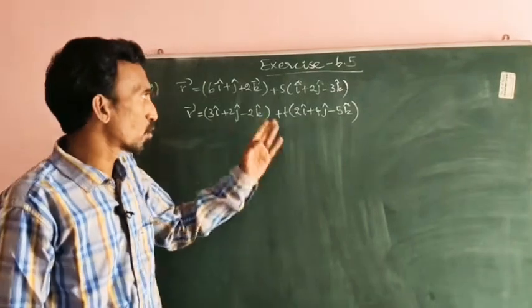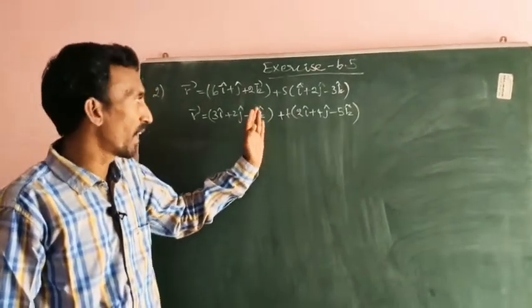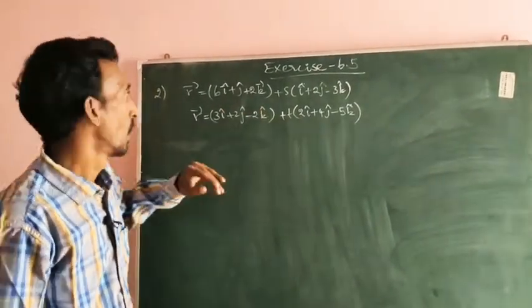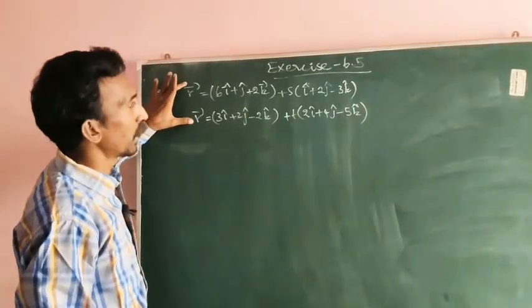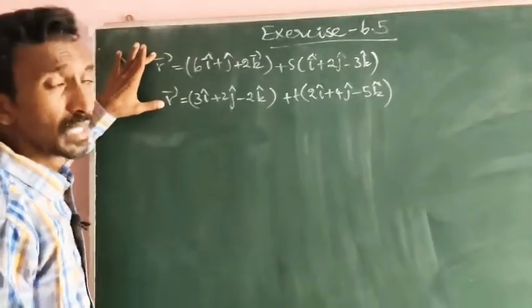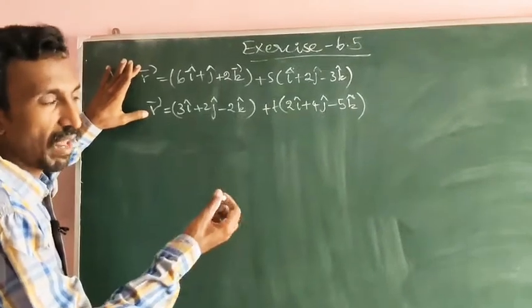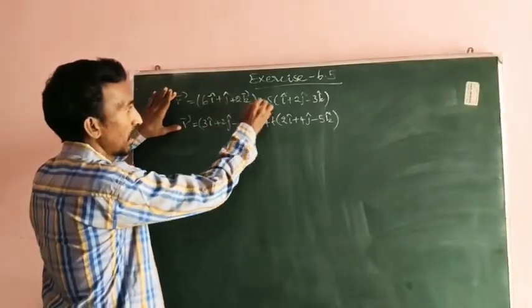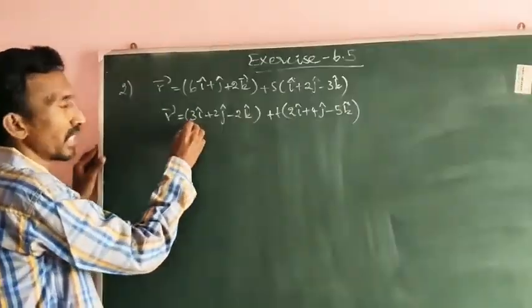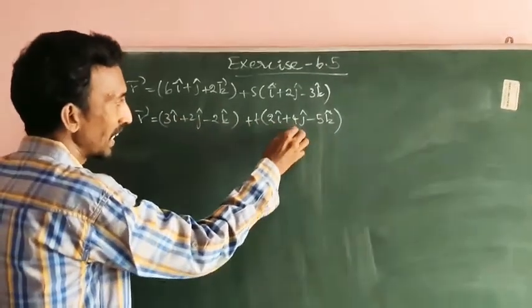Show that the given two lines are skew lines and find the shortest distance between them. Both are given in the parametric vector form. Just compare with the parametric vector form. The first one is r vector equal to a vector plus s b vector, the second is r vector equal to c vector plus t d vector.